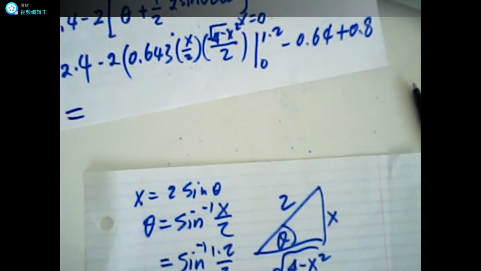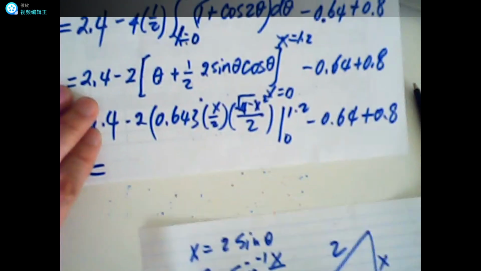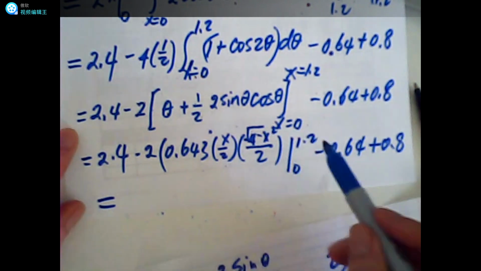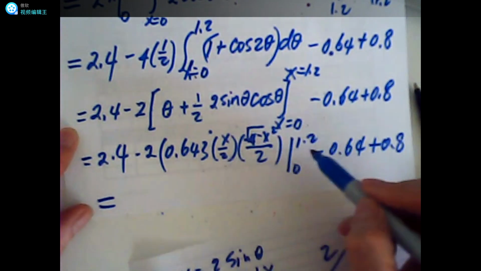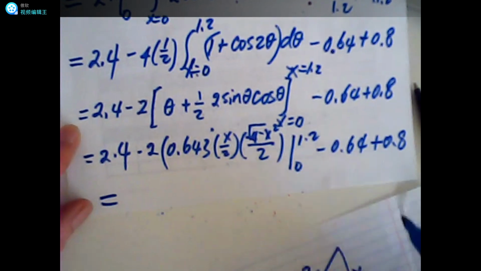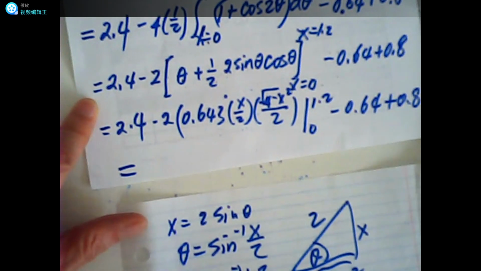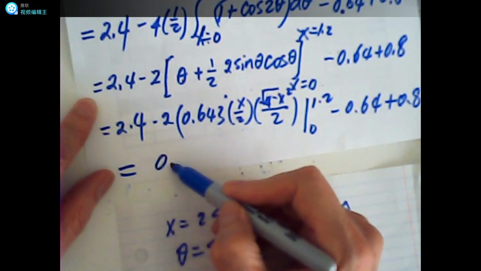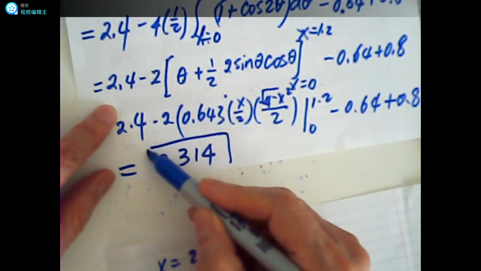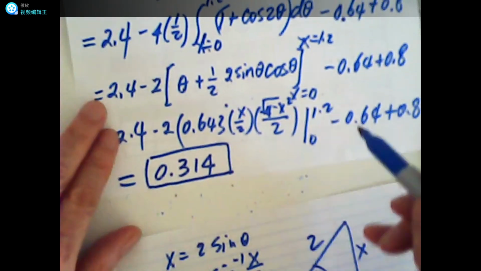And while you substitute 1.2 here, minus x equal to 0. So after you calculate it, okay, the calculation is 0.314. So that is the overall answer for the area.